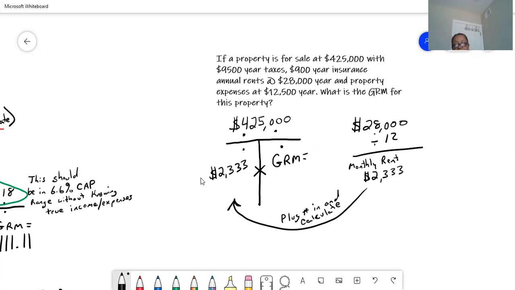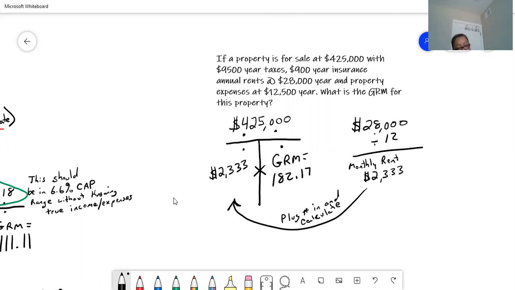So $425,000 divided by $2,333 is 182.1688, which rounds to 182.17.